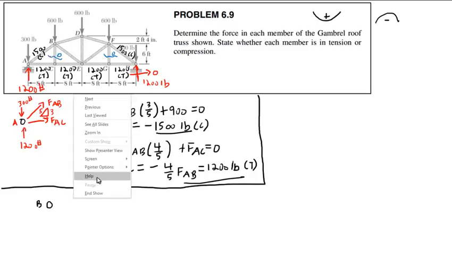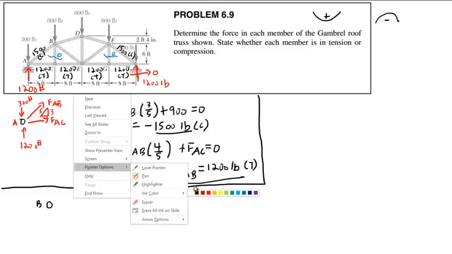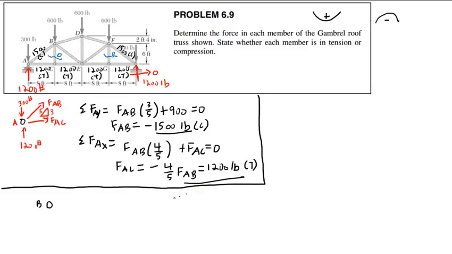Okay, so I'm going to have FAB going into it. Notice I'm drawing it as going into the joint because it's compression. I know it's compression because I already solved that. FAB equals 1,500 with a force triangle of 3, 4, 5.